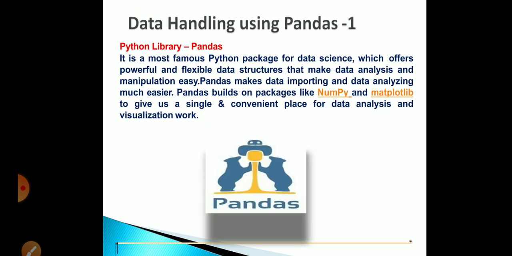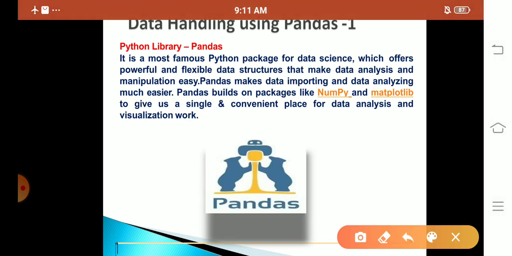Next, pandas. Why do we use pandas now? Pandas is basically the most famous Python package for data science, which offers what? Powerful and flexible data structures that make data analysis and manipulation easy. Like in Excel, you are feeding all the values, and any number of values can be fed in Excel.